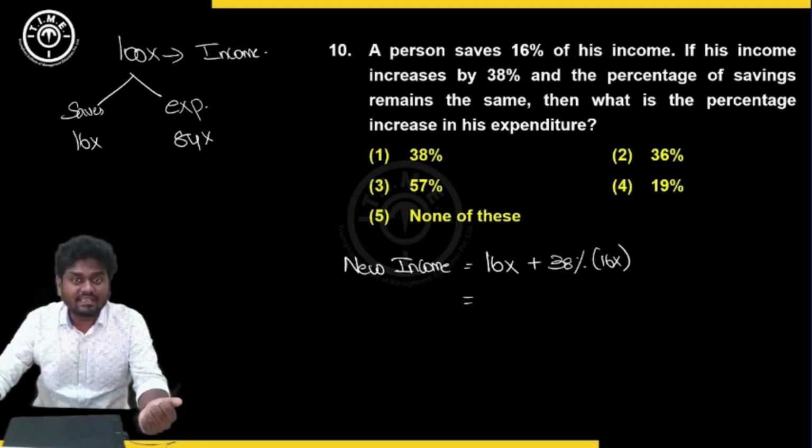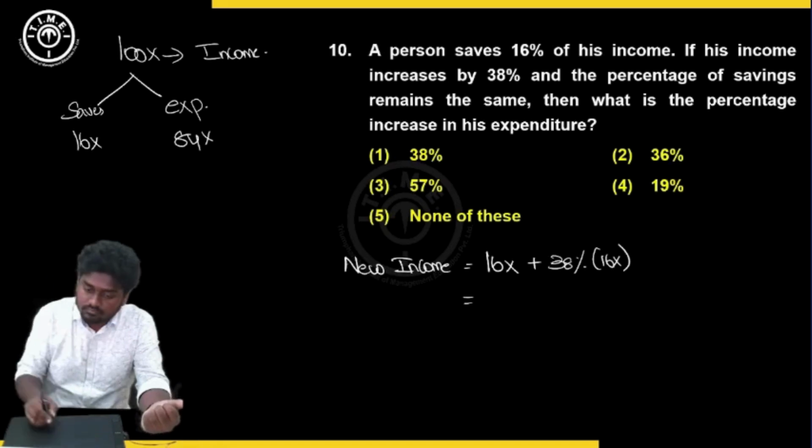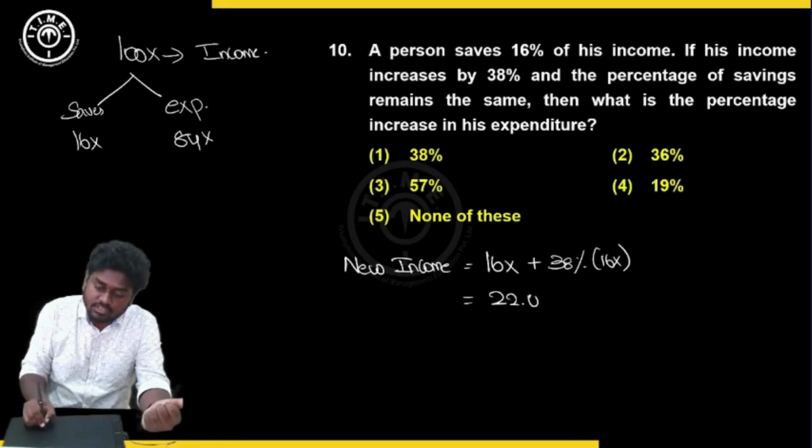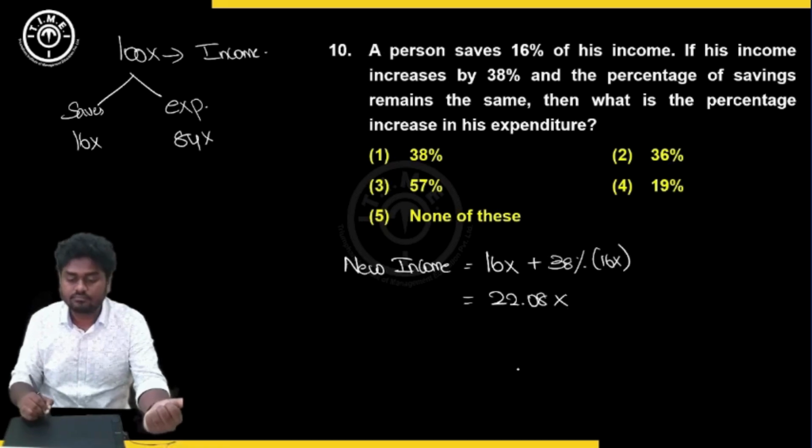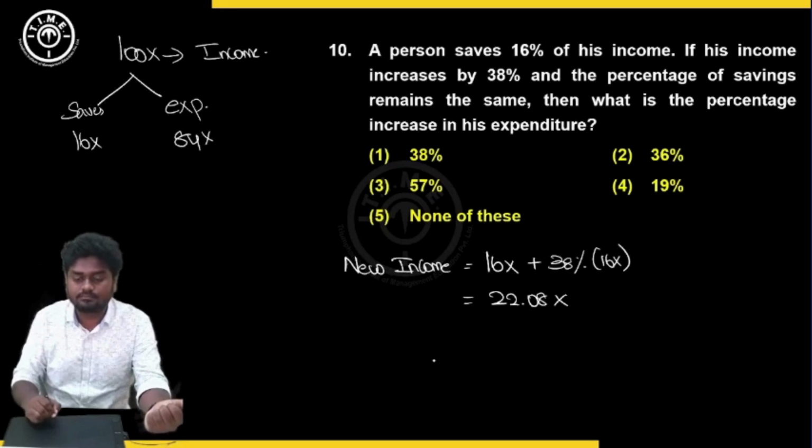So if that is the case, what will his new income be? It will be 22.08x. Correct? Yes or no? This will be his new income, and the percentage of savings remains the same.